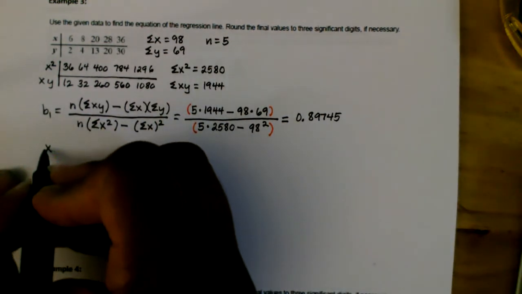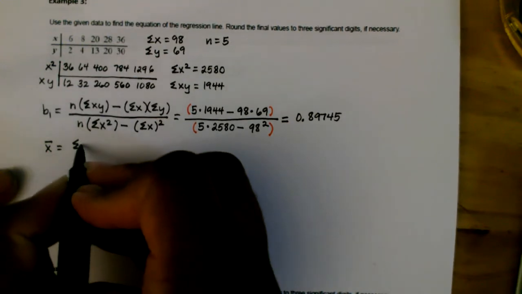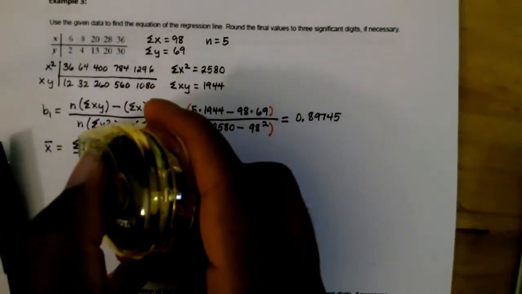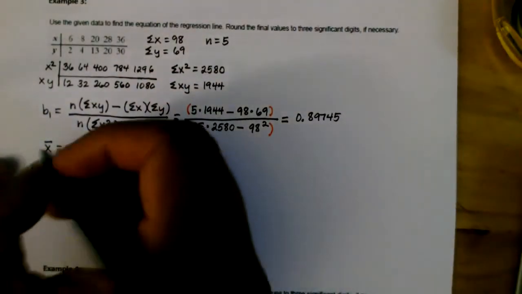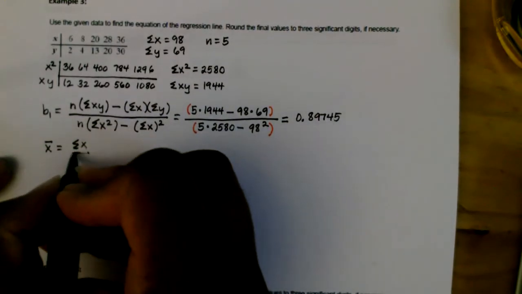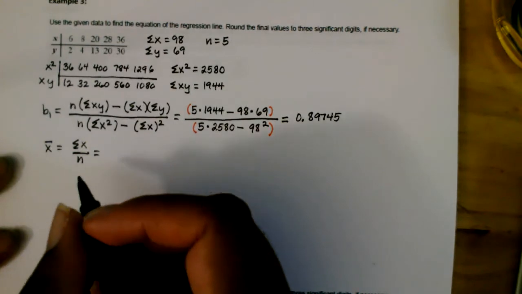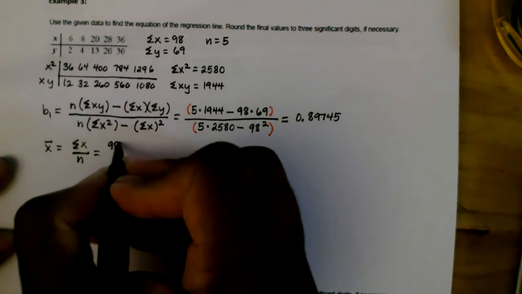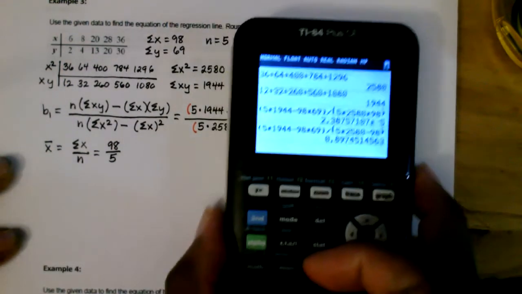Now, X bar and Y bar are going to be easy because X bar, that's the mean of your X values. That will be the sum of all of your X's divided by N, the number of X values that you have. The sum of the X's was 98. That's going to be divided by 5 because N is equal to 5.